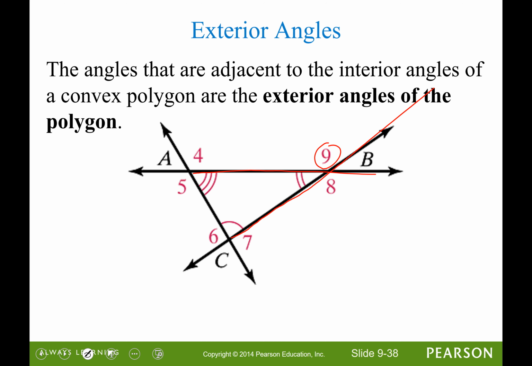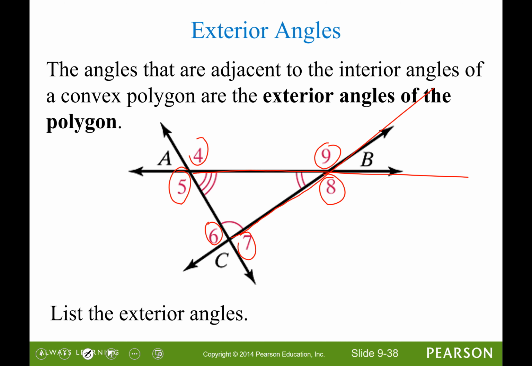Take this side, extend it, there's another exterior angle. Those two are actually vertical angles as well. 4 and 5 are vertical angles and exterior. 6 and 7 are also vertical angles and exterior angles to that triangle. So the list of exterior angles for this triangle would be 4, 5, 6, 7, 8, and 9.